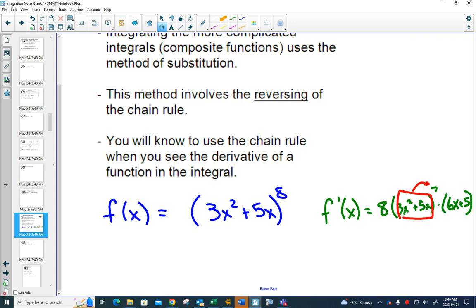We've done ones where the function inside is just a line, well then the chain rule is easy because it's just a number, and we can divide out the number. But when the function inside is more than a line, the derivatives get complicated because there's variables involved, not just a number. You can't just decide to divide out by 6x plus 5. It doesn't work that way.